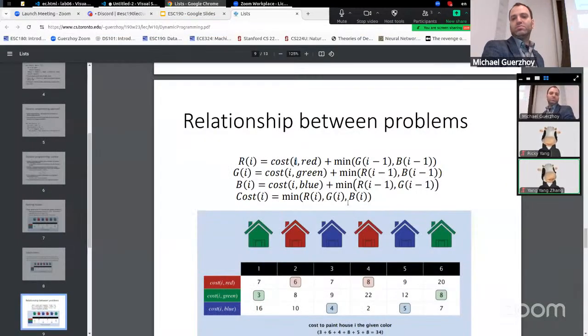Well, if I know that house 6 is green, and I know what my cost is, I can check whether 8 plus the cost up to here or 8 plus the cost up to here is the cost that I'm actually looking for, or just see which one is the smaller one, and pick that. Right?